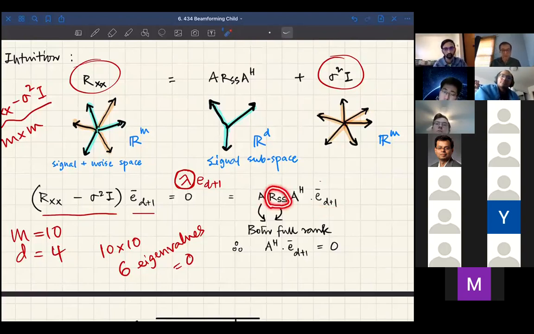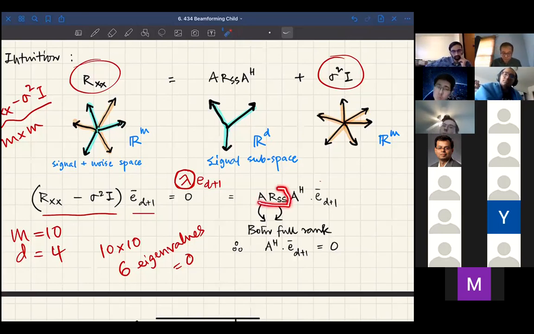Rss, we are going to assume it's full rank, meaning the source signals, Bob's speech and Susan's speech and Alice's speech, we are going to assume they are uncorrelated. So this is also full rank. So this idea would only work when the source signals are uncorrelated.